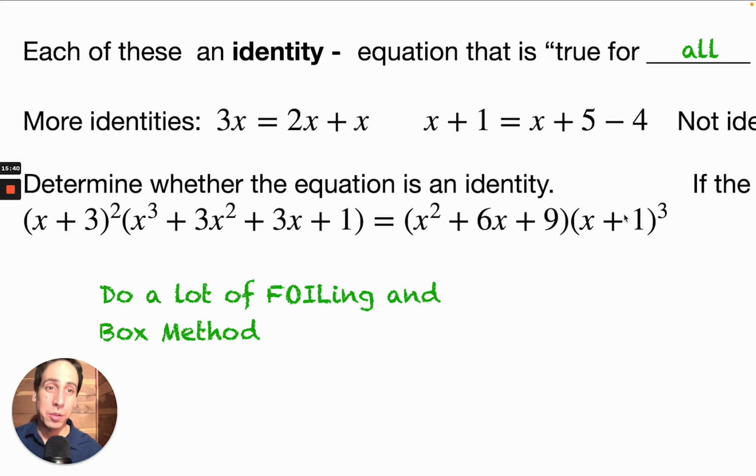You'd have to multiply x plus 1 times x plus 1, and then multiply the result times x plus 1, and so you get 4 terms, and then you'd have to multiply those 4 terms by these 3 terms. You get a 3 by 4 box, and once you do all of that, combining like terms and box method, you'd be able to see that the left side does equal the right side.